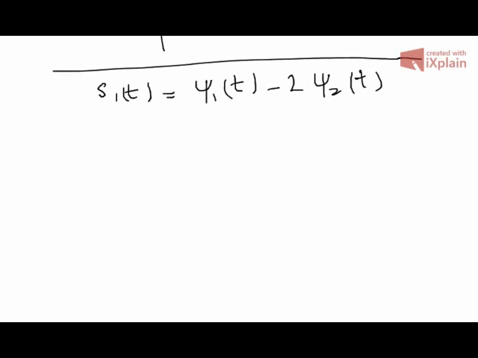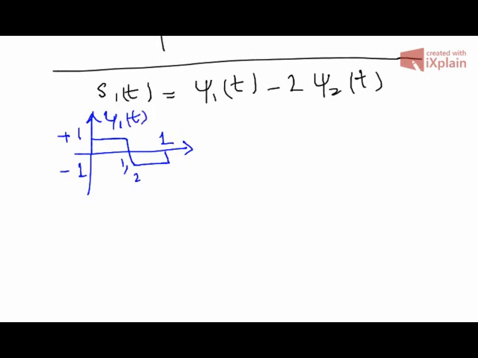So if I add these two waveforms, now we already have the waveforms of psi 1 and psi 2, so let me draw it here. What is psi 1? Psi 1 is 1 and minus 1, from 0 to 1. This point is half. This is minus 1 and this is plus 1, right? So this is my psi 1 of t.